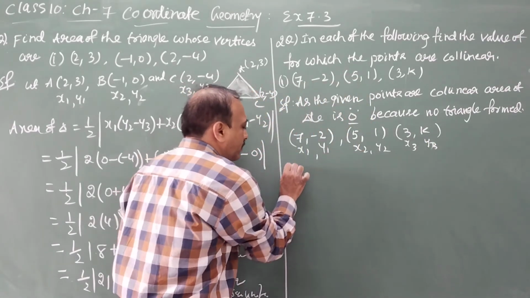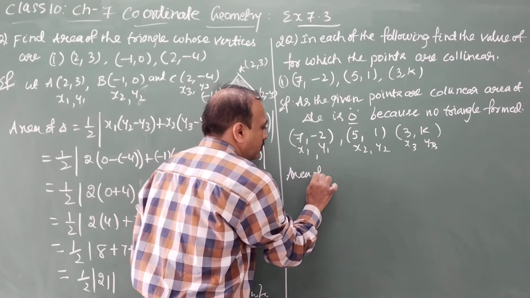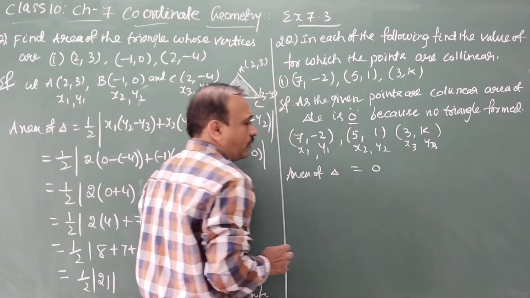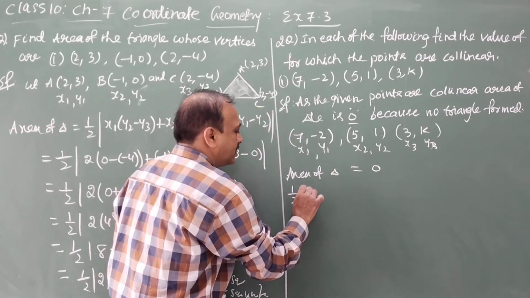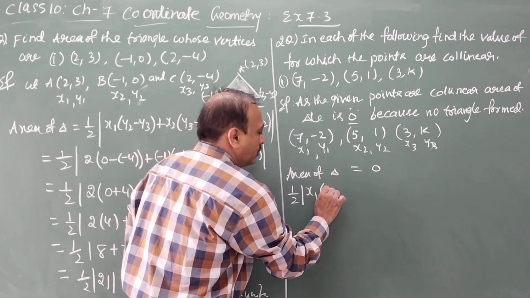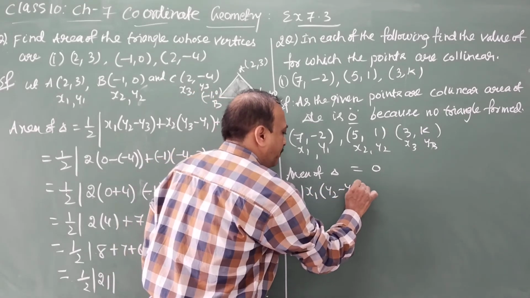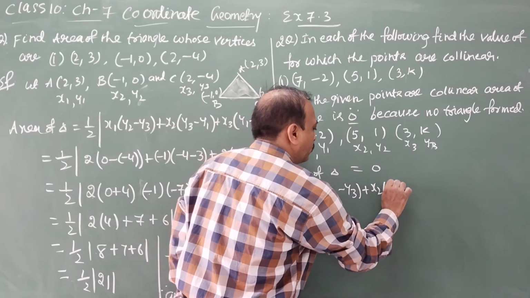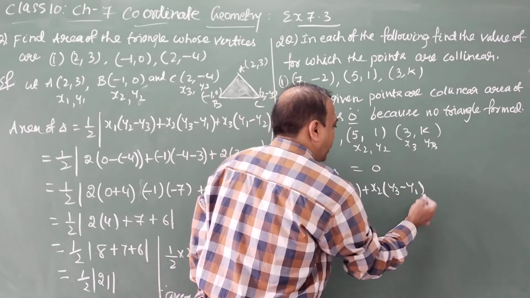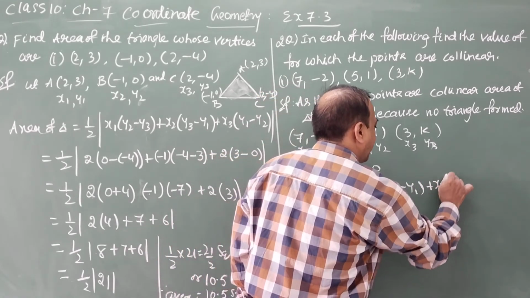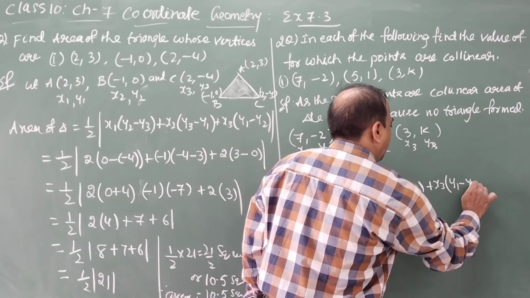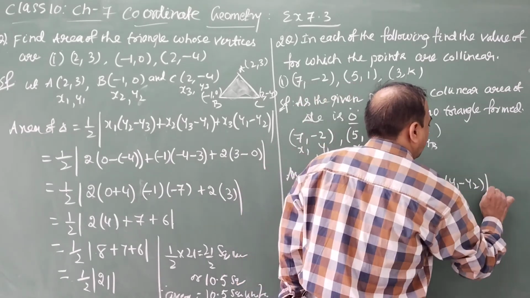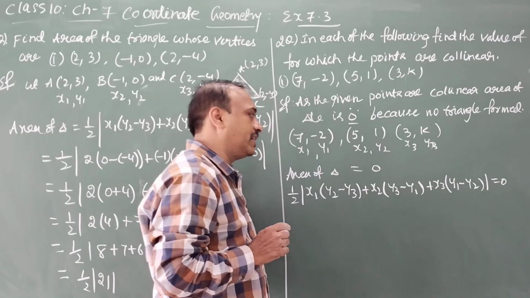The area of the triangle is equal to 0: half modulus of x1 into (y2 minus y3) plus x2 into (y3 minus y1) plus x3 into (y1 minus y2) is equal to 0. This is the area of the triangle.